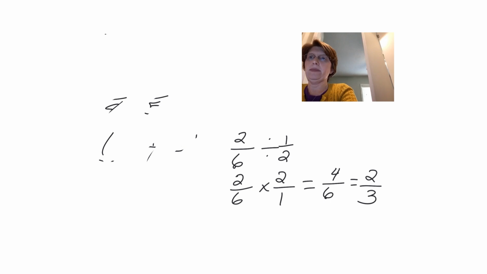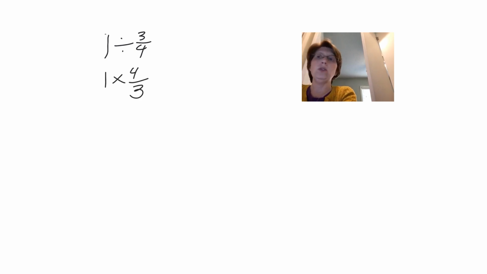Okay, and now number 17. Number 17 has 1 divided by 3/4. So if I have 1 divided by 3/4, I'm just going to change it to 1 times 4/3, which is going to give me 4/3.